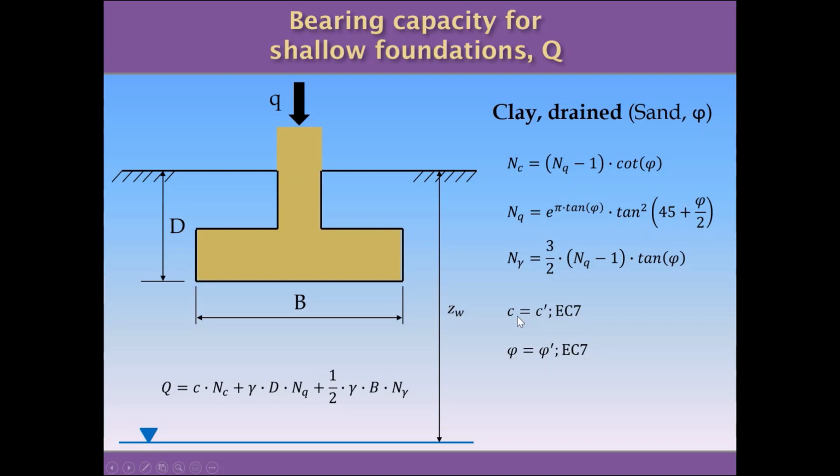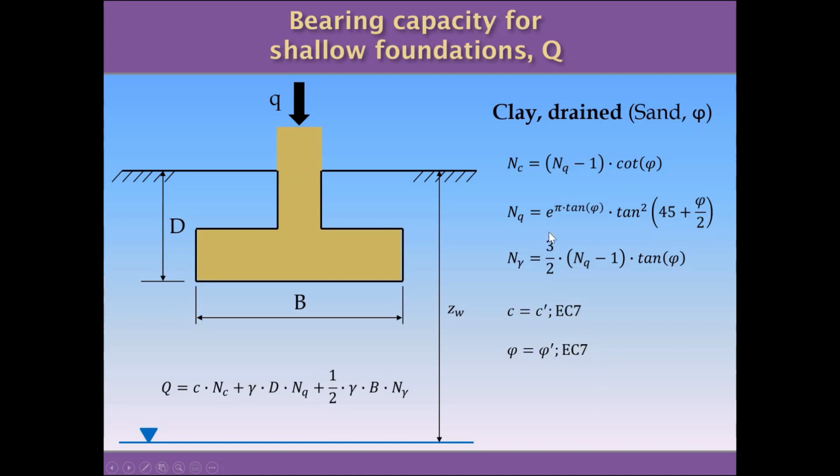The cohesion will be given as data and will be affected by some reduction coefficient from the Eurocode 7. We are going to see this in the problem in the next video. And the angle of internal friction is going to be affected as well by a reduction coefficient from the Eurocode 7.